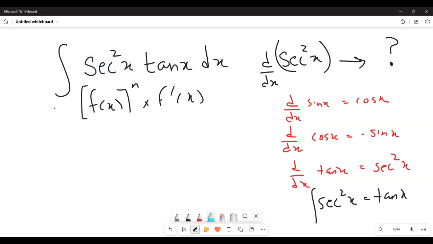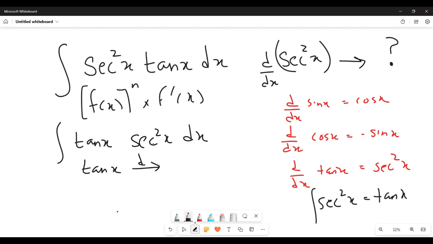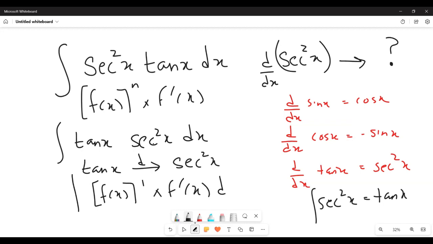However, if this question is rearranged, tan x is written first and secant square x later. Integration of tan x secant square x dx. Now do we have the derivative of tan x given? It is given. The derivative of tan x is secant square x. So we have a function f(x) whose power is 1, and with that the derivative of f(x) is also being multiplied.